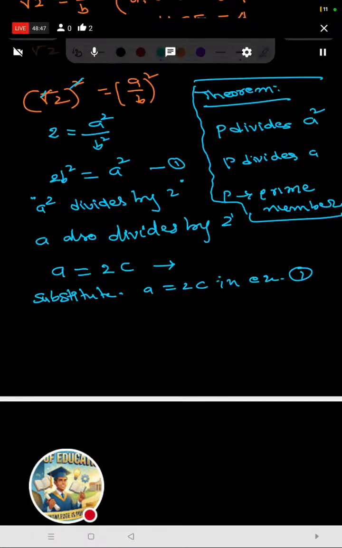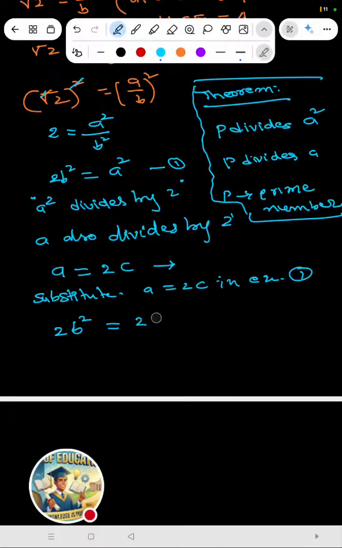If we substitute, what are we getting? 2b square is equal to a square, which is 2c whole square. So 2b square is equal to 4c square. 2 ones are 2, 2 twos are 4. So b square is equal to 2c square.